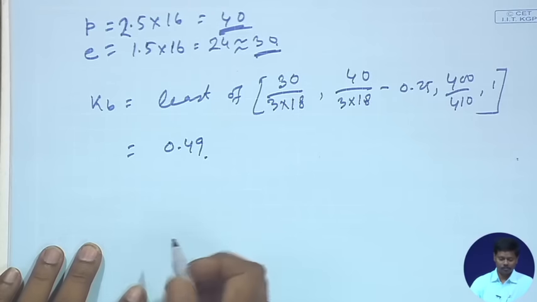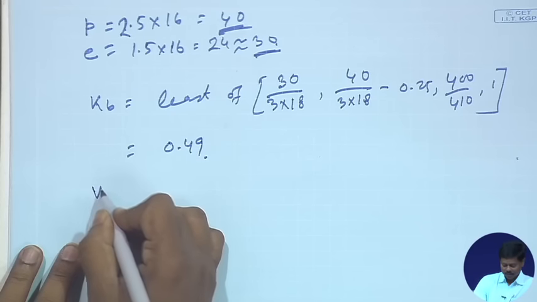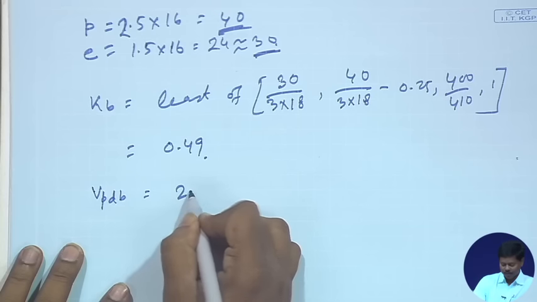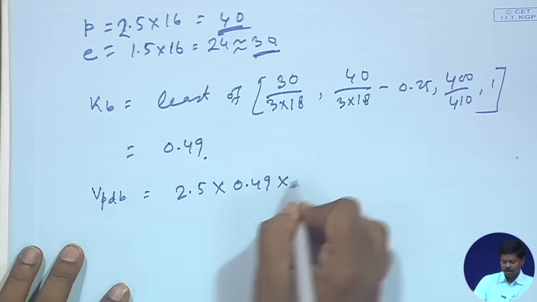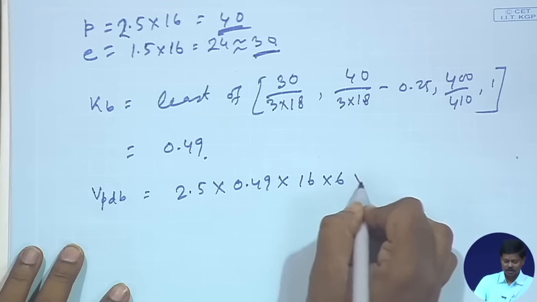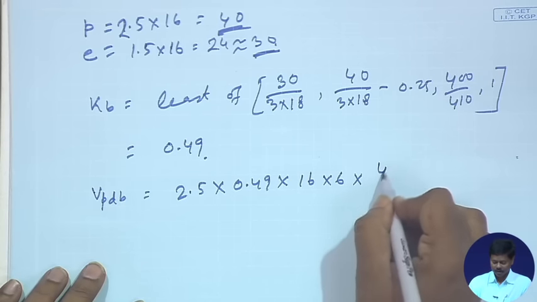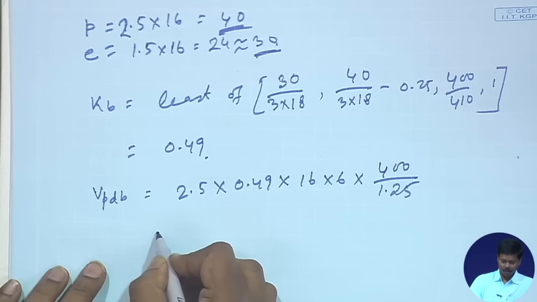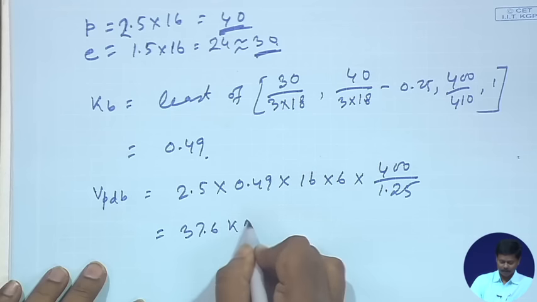Now, bearing value I can find out, VPDB. This value will be 2.5, KB is 0.49, d is 16, t is 6 and FUB is 400 by gamma MB. So, if I calculate, I can find out as 37.6 kilonewton.